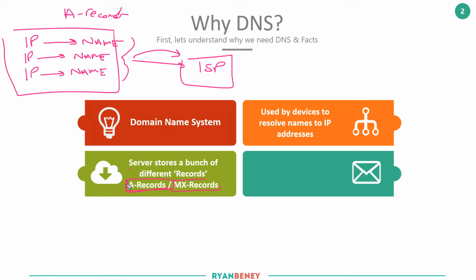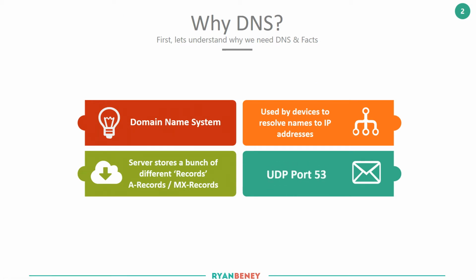Because nobody wants to remember the exact IP address to reach a destination, because we as humans are not very good at remembering boring numbers that don't relate to anything. And two, if you don't have an actual name that resolves to an IP address, then people aren't going to find you in places like search engines.